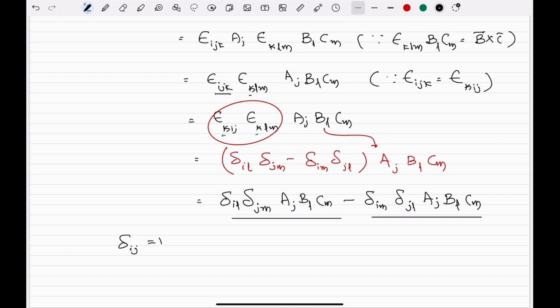Delta Ij is equal to 1 if i is equal to j. That means this value and this value should be unity.